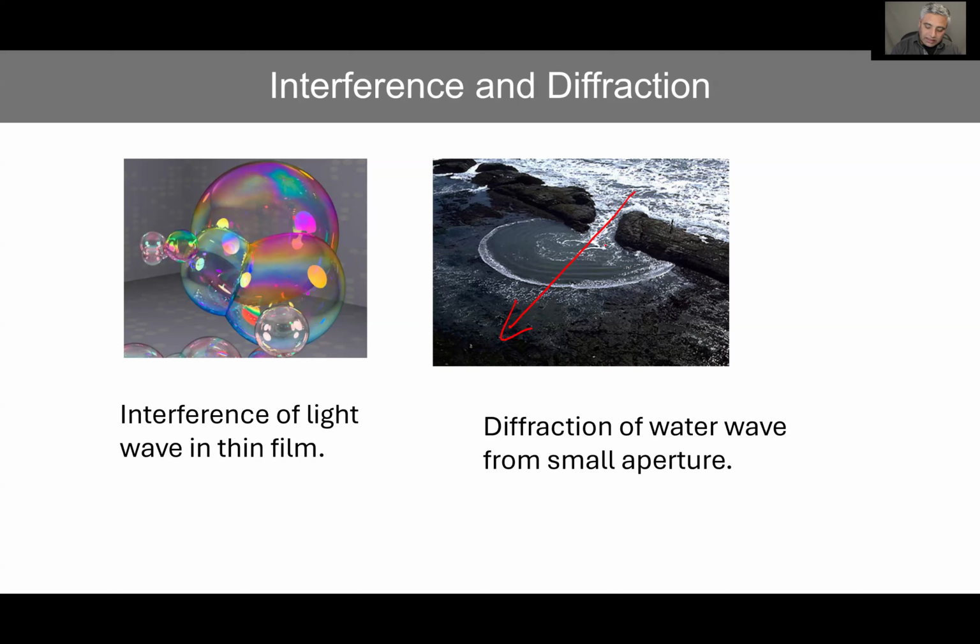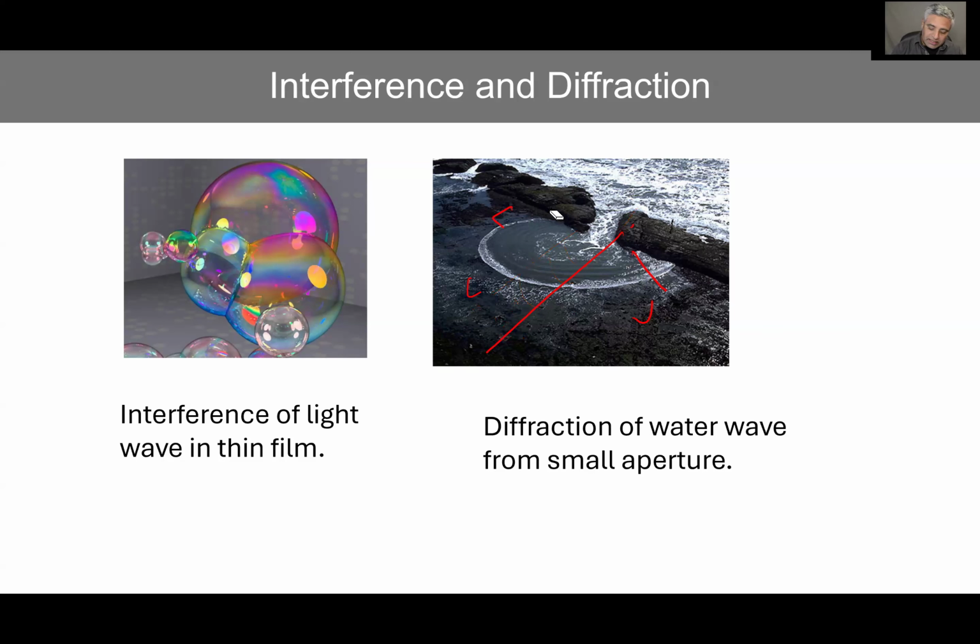But here we see when the wave passes through a small opening, it spreads in all directions like that. You see that? So it's spreading. This spreading of a wave is called diffraction. Otherwise, the wave here should be just going something like this if it wasn't spreading, or if it wasn't diffracting.